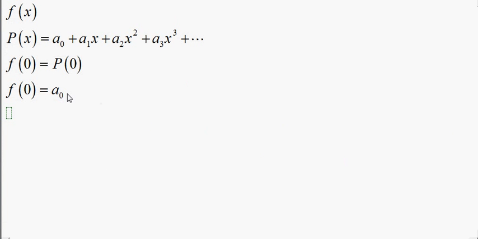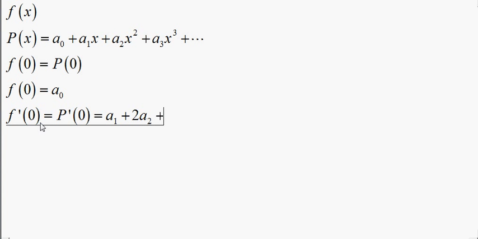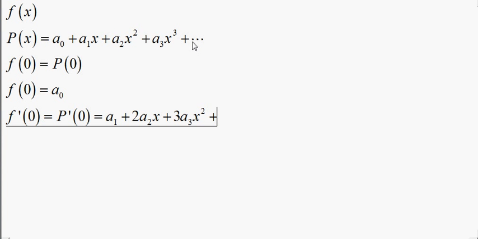So that means f prime of 0 is equal to p prime of 0. But what's p prime? P prime is a1 plus 2a2x plus 3a3x squared plus dot dot dot.